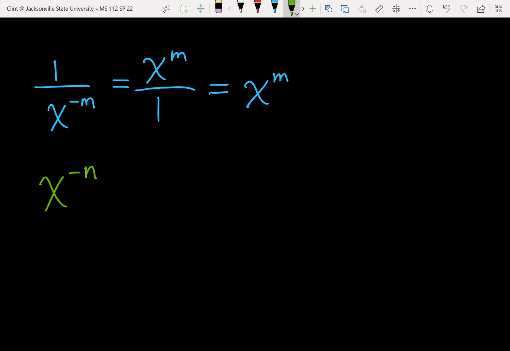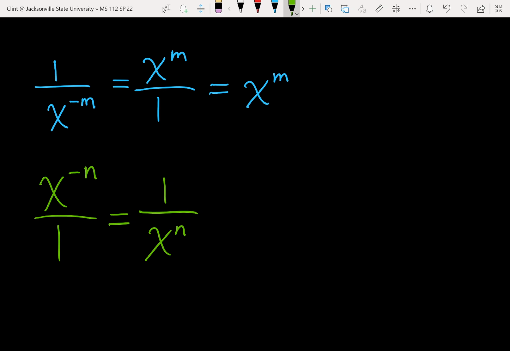This one, since we don't have anything written, really has a denominator of 1. So if we wanted it to be written as x to the positive n exponent, what do we do? It's the same idea as the other one, we're just going the other direction. Where does it need to go? To the bottom. Same thing. So it works both directions.